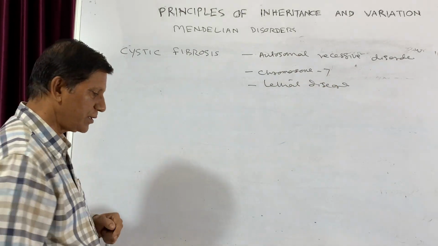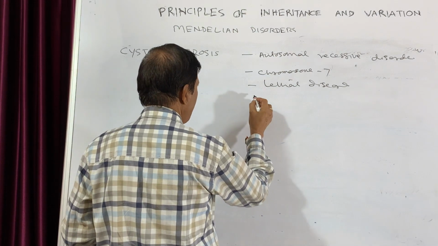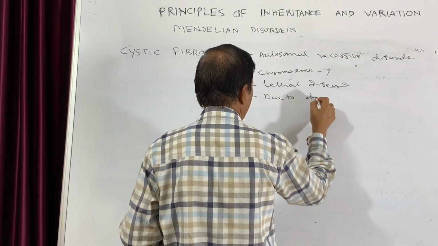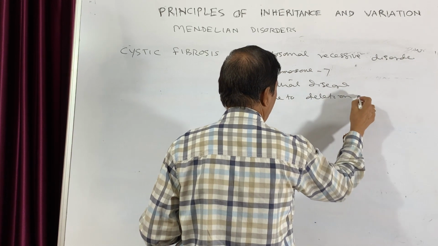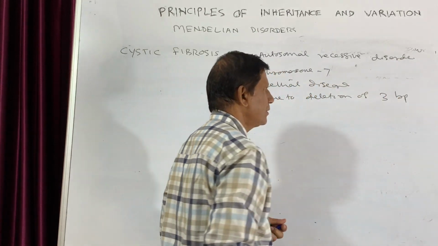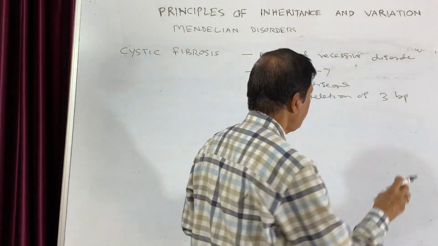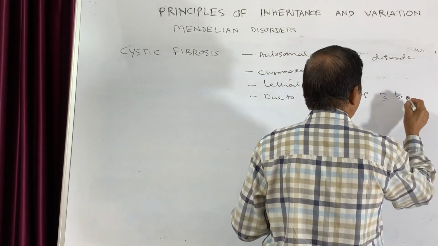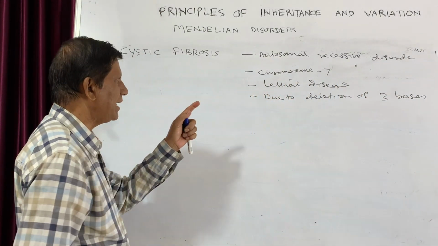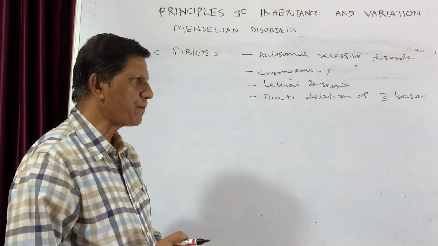Why does it occur? It occurs due to deletion of three bases. It's better to write: deletion of three bases. So when there is a deletion of three bases, what happens?